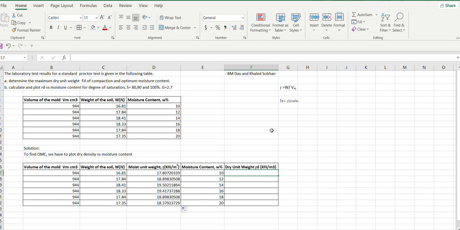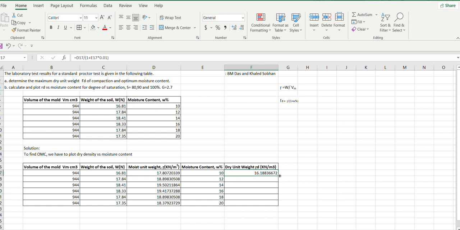And for dry unit weight, we have this formula: dry unit weight is equal to moist unit weight divided by 1 plus moisture content. So it's going to be 1 plus .01 times the moisture content, because it is in percent.